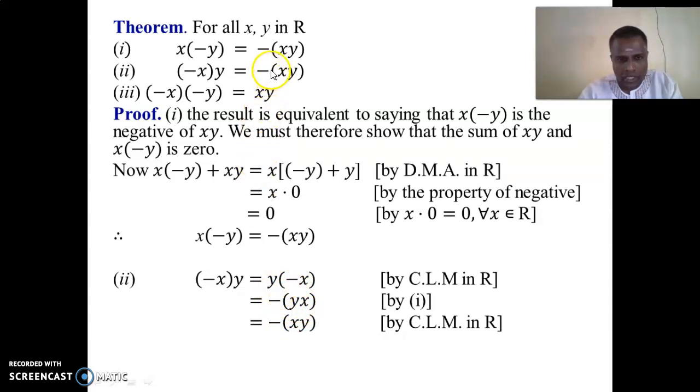Here you watch: x times minus y equals minus of xy. So y times minus x equals minus of yx. Again we use the commutative property of multiplication, so yx becomes xy. So we prove the second result.